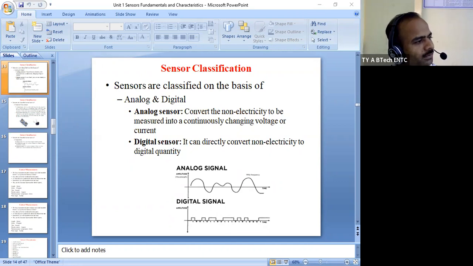Magnetic type of sensor, where is it used? Magnetic, electromagnet, where is it used? Electromagnetic sensor. Garbage collection.